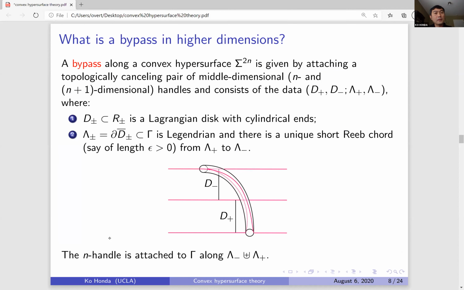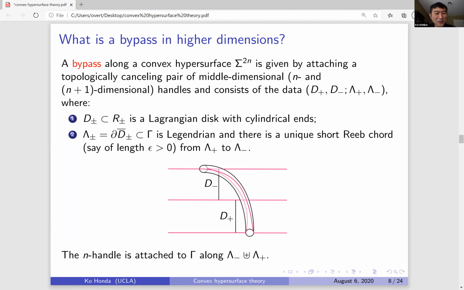Okay, so what is a bypass in higher dimensions? I'm not sure if this description is particularly useful, but I will say it anyways. A bypass along a convex hypersurface is a contact version of a smooth operation.